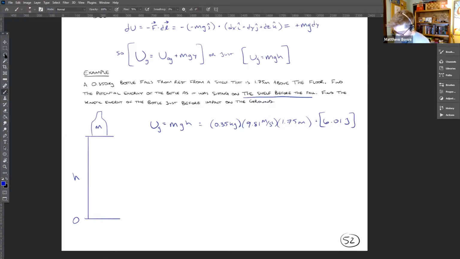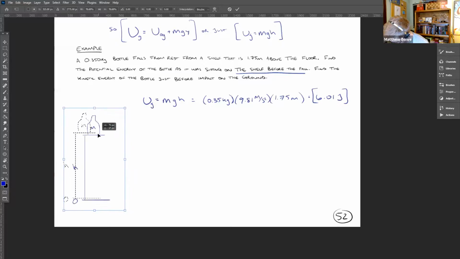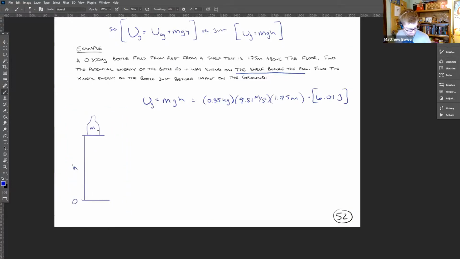So this is where I'm going to take this problem and make it a little conceptual. Let me put the picture right there. And this is the before. Let's do the after picture.